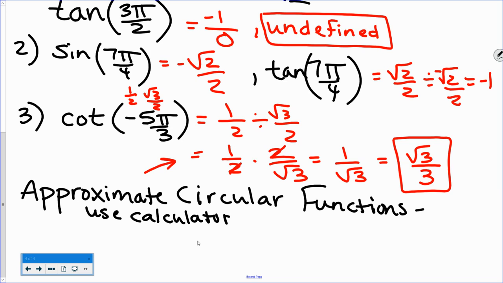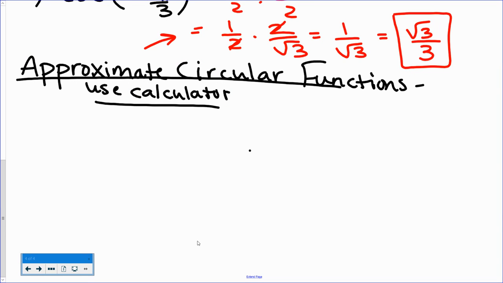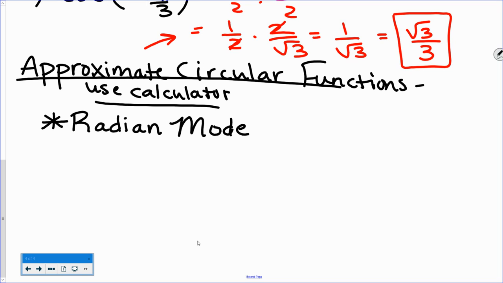All right, so then we have to have a calculator for them. Okay, so we are now going to need radian mode. All right, so go back into your calculator, select mode, and make sure you highlight radians so we're not in degrees.